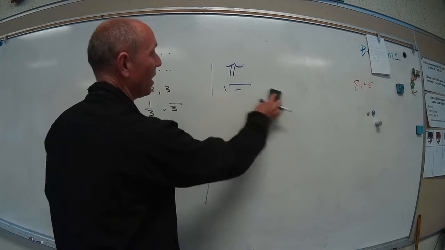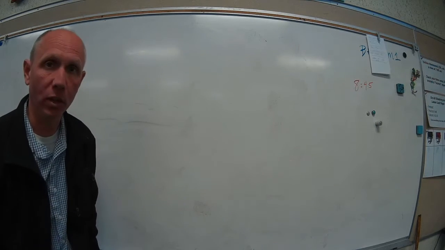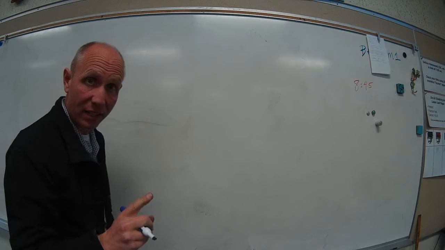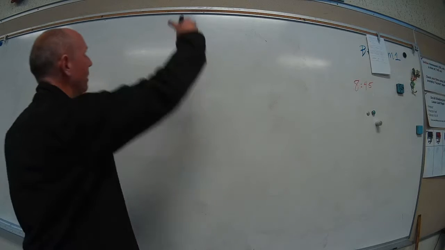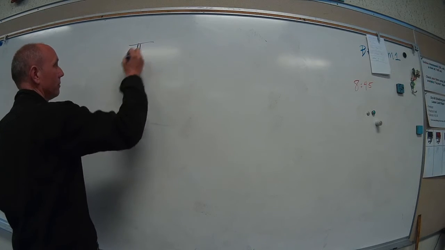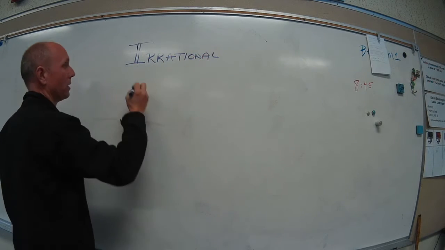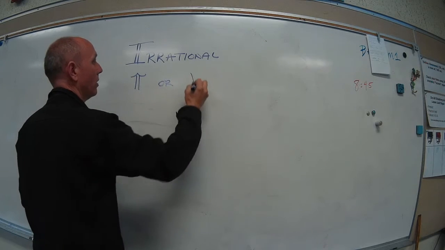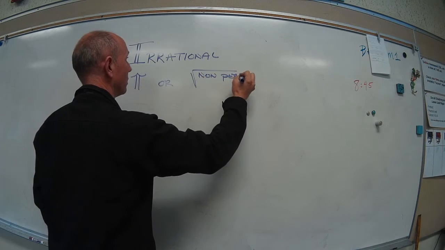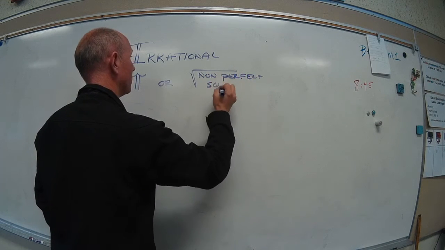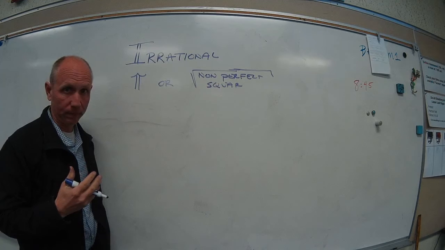So I need you to be able to identify rationals versus irrationals. Here's what you're looking for. If I see a pi or a square root that I don't know, which means a square root that is not a perfect square, that's irrational.